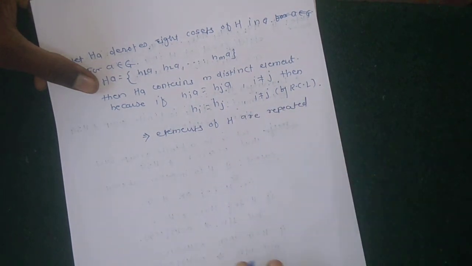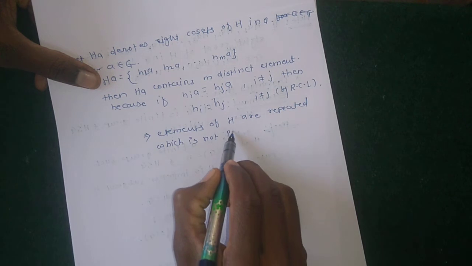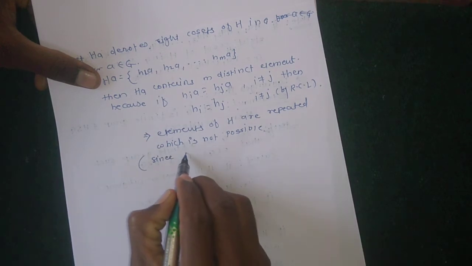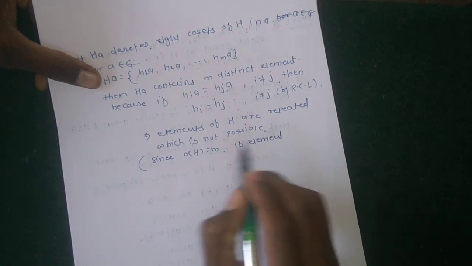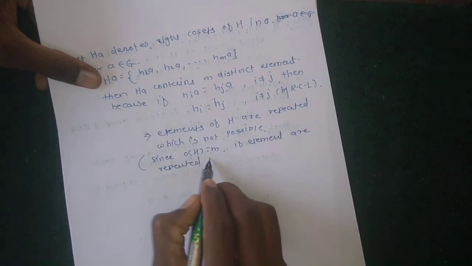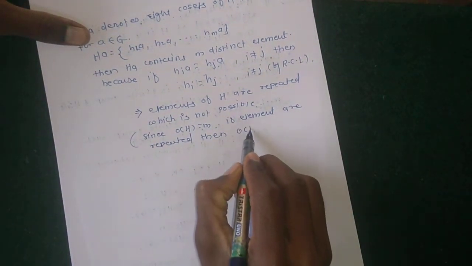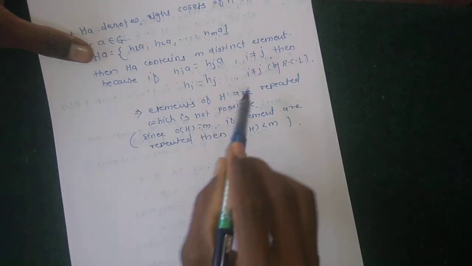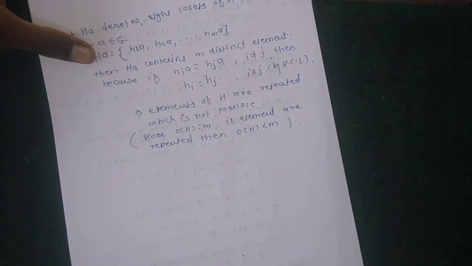This is not possible, since the order of H equals m, and if elements are repeated, the order of H would be less than m, which is a contradiction. So these elements must be distinct.